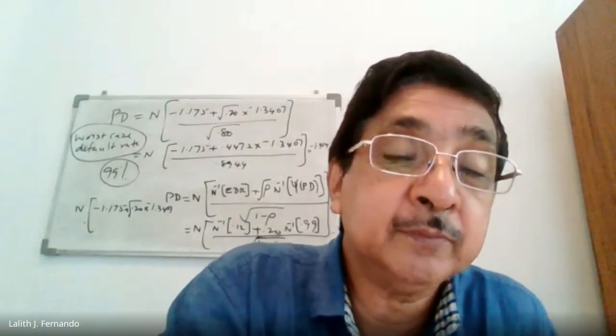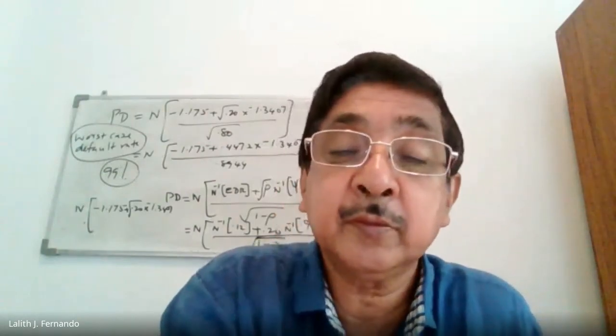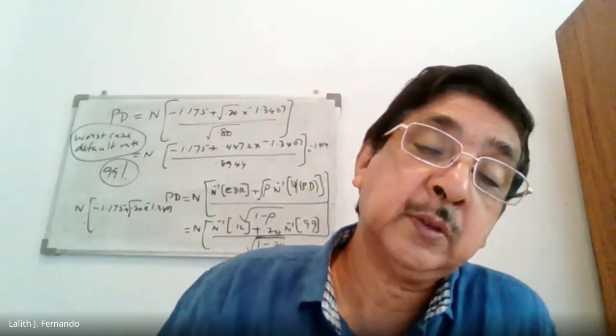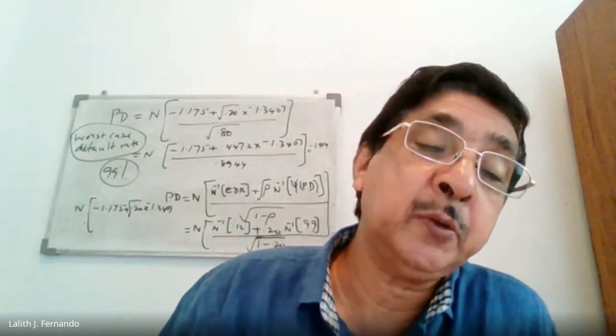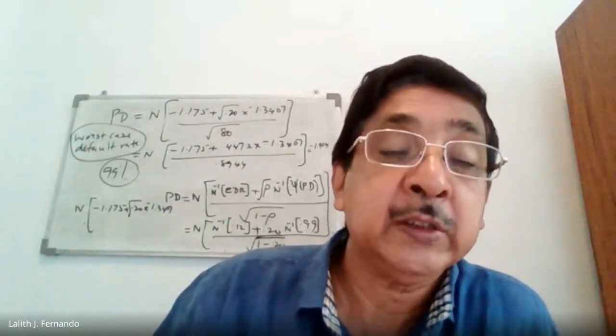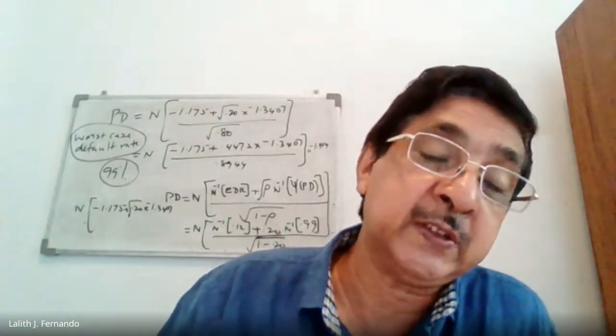By having the present data, we would be in a position to do that. Okay. In practical terms, you have to do it that way. At least you need to have an internal rating model. Otherwise, it is not possible to do these things.